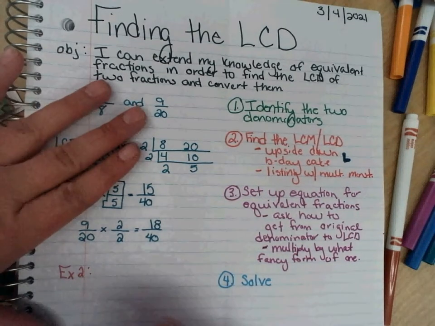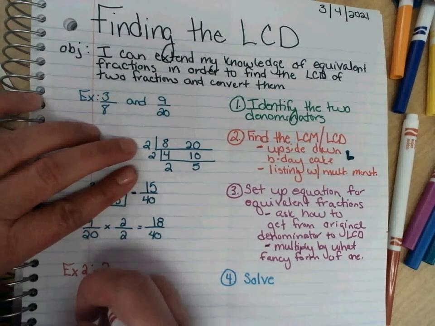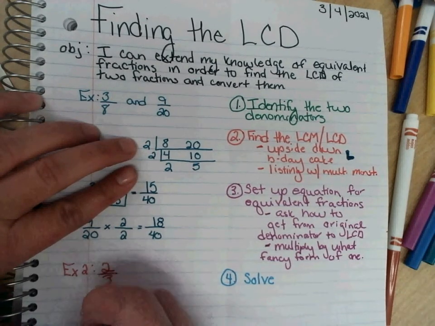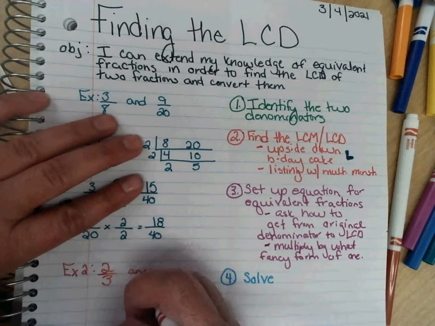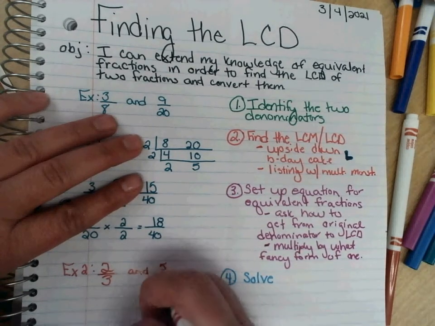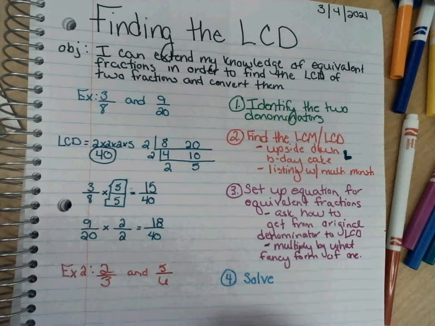What if I had this here? What if I had 2/3 and 5/6?